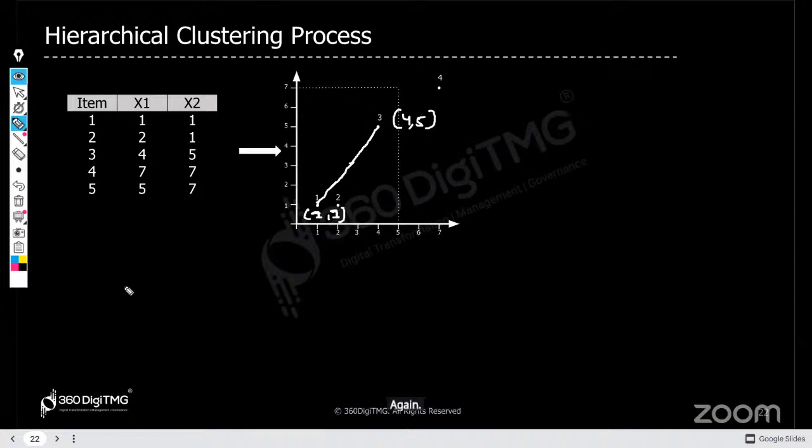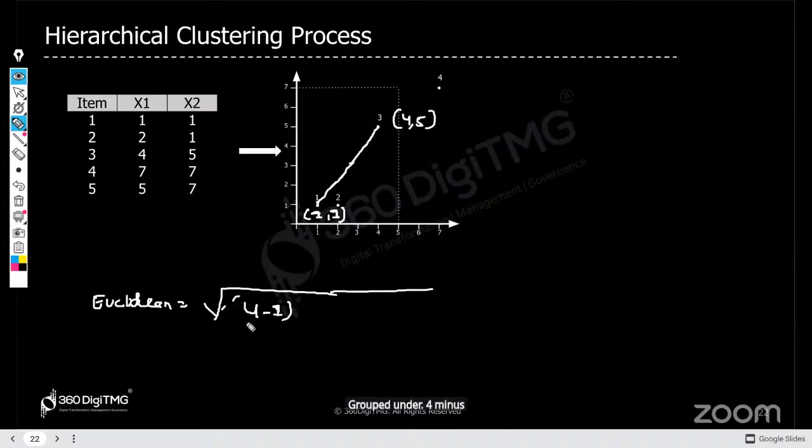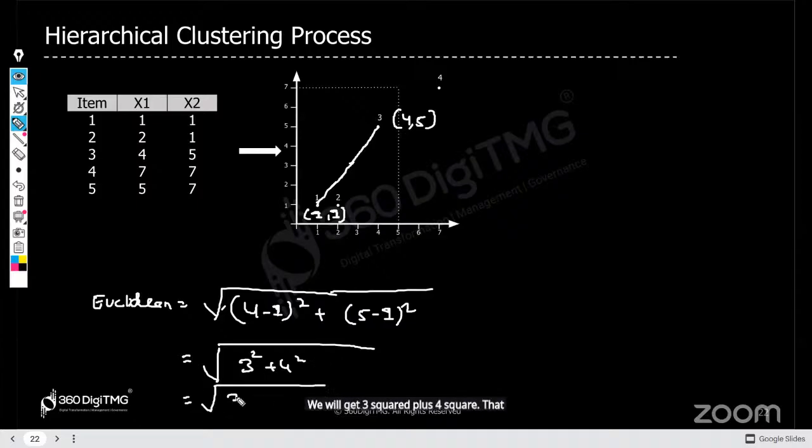Again, we will find the Euclidean distance: root under (4 minus 1) whole square plus (5 minus 1) whole square. We get 3 square plus 4 square, that is 9 plus 16, which is 25. Root under 25, you all know that it's 5. So we get the result as 5 here.